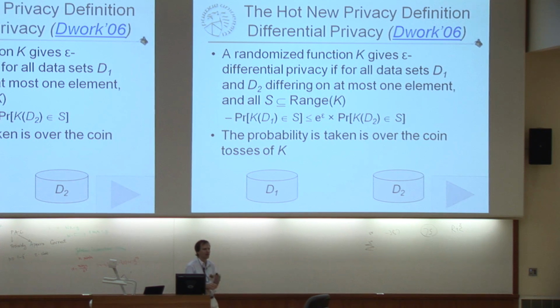So from whatever you're asking the database, what are you learning about an individual? No matter what individual they were, you can't even tell whether they're there or not. So how are you learning about an individual? It's interesting from a machine learning point of view because we can talk about the model we learn from the data and ask, is it differentially private? If it is, then we can make a strong claim that the model we've learned is not revealing private information.